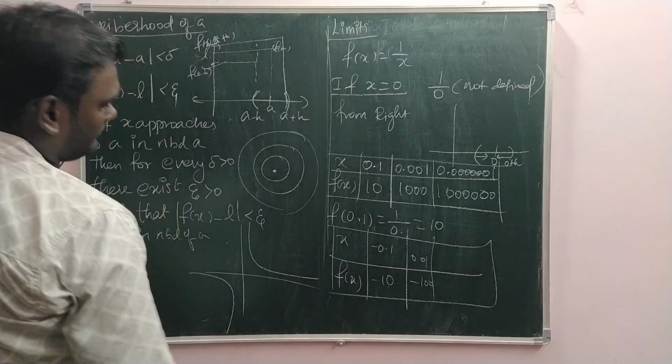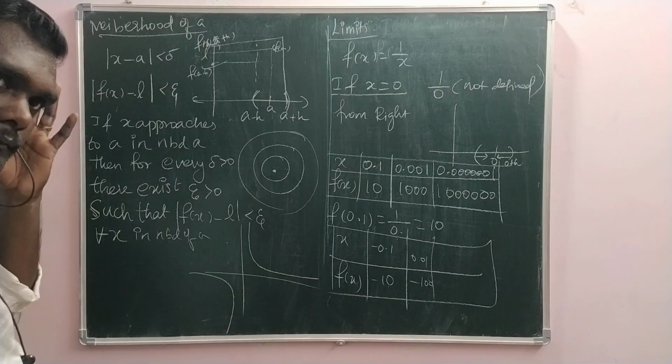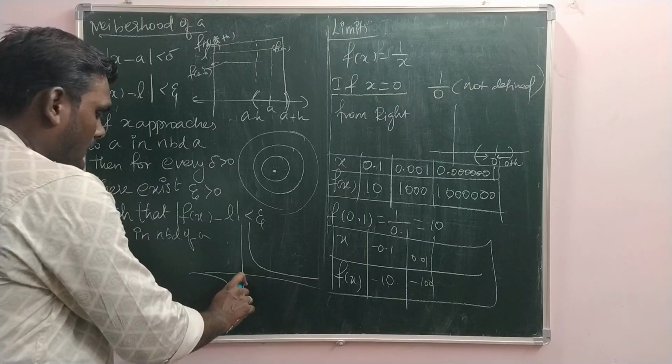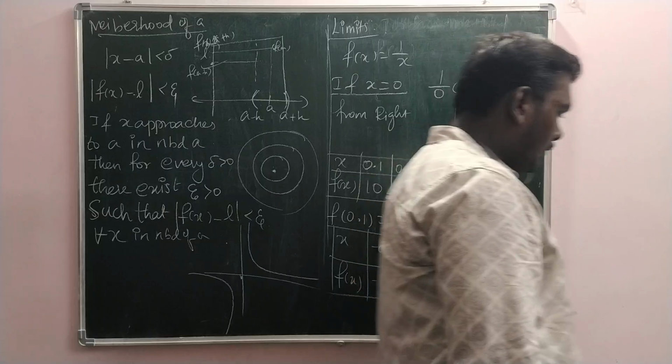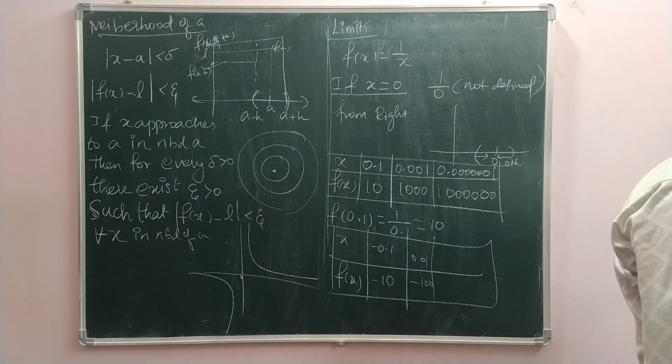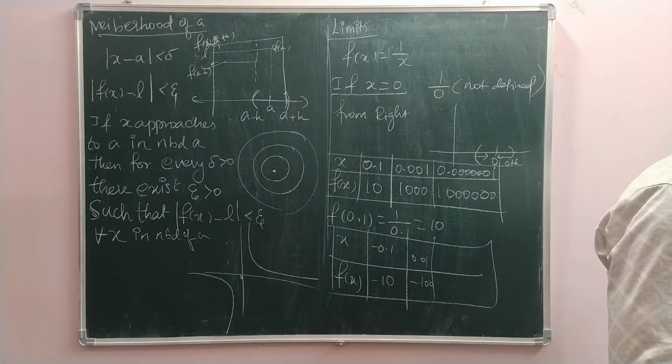This is what the graph will look like. It never reaches a value at 0. So you can estimate where it goes.